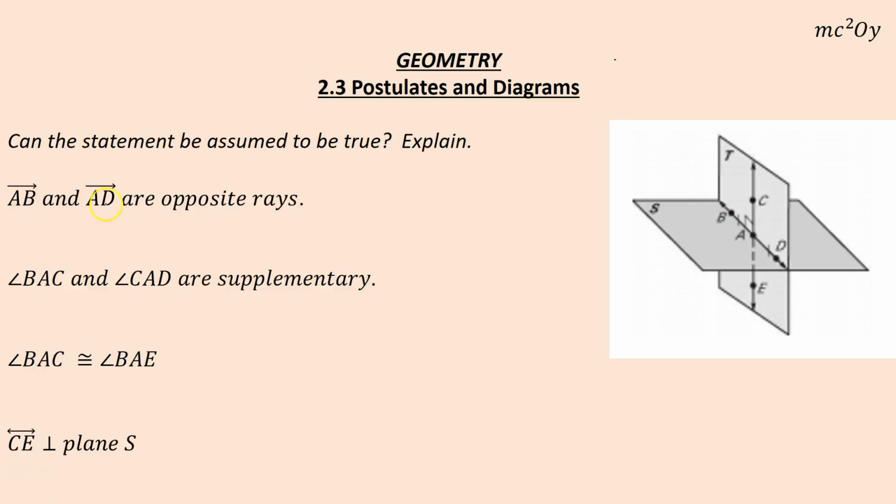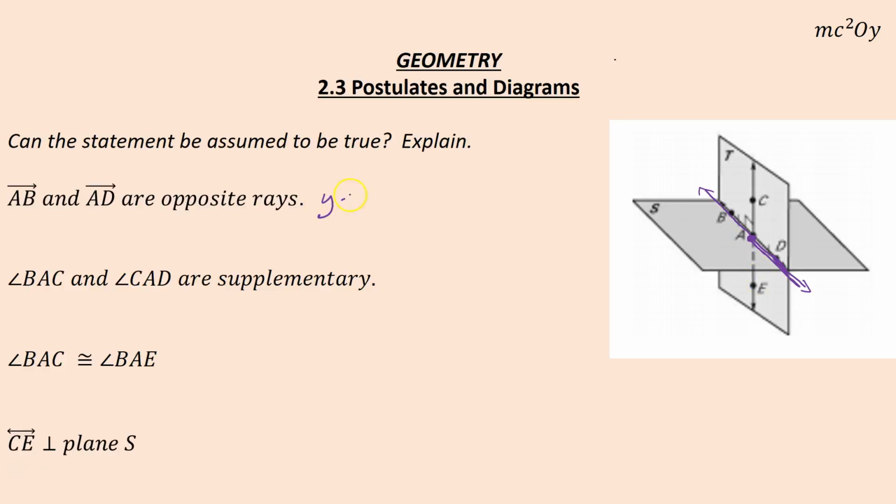So ray AB and AD are opposite rays. So I have ray AB, starting here at A, extending that way, and ray AD, starting here at A and extending that way. They are opposite rays. Well, yeah, they both start at A and they extend in opposite ways, making a straight line.